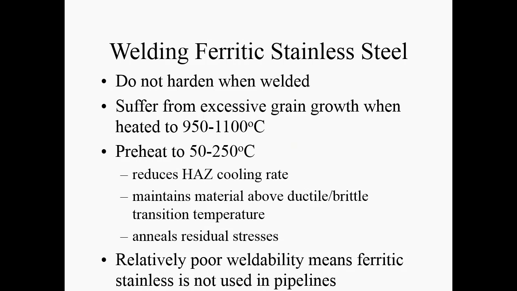So we maintain the temperature of preheat, so we're comfortably above the ductile brittle transition temperature, and that allows us to get down to room temperature without cracking. It also allows us to anneal the residual stress which would cause that cracking in the first place.